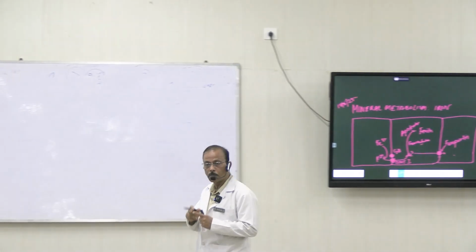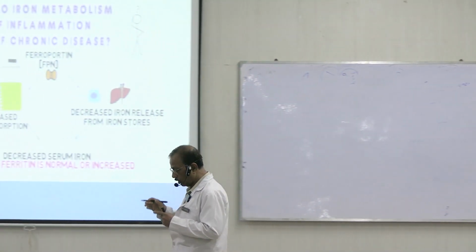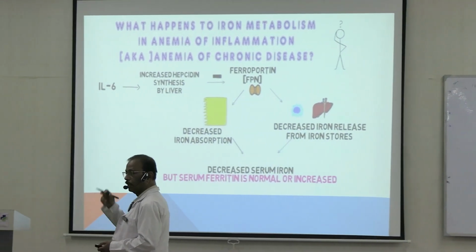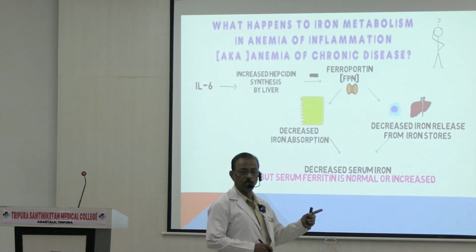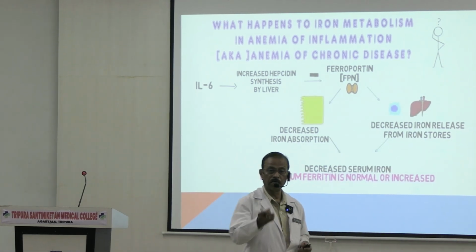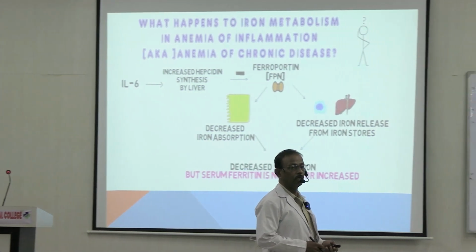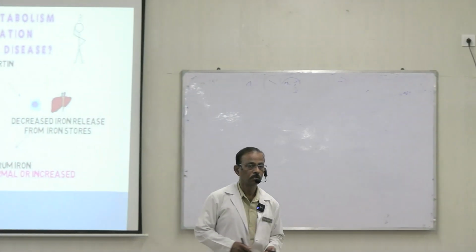Now, some amount of ferritin is secreted in the plasma. That is proportional to the amount of ferritin stored in the body. So, when we measure plasma ferritin level, that reflects the amount of iron stored in the body. Okay?